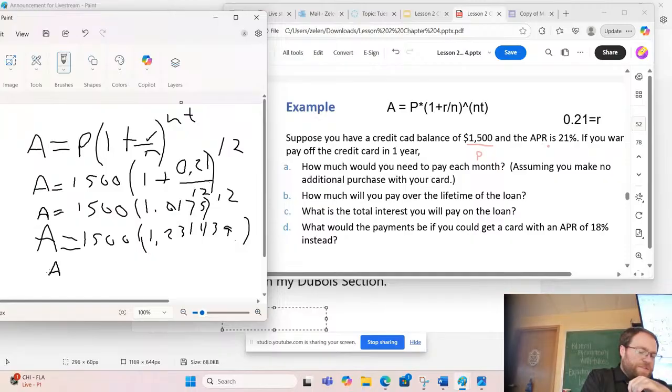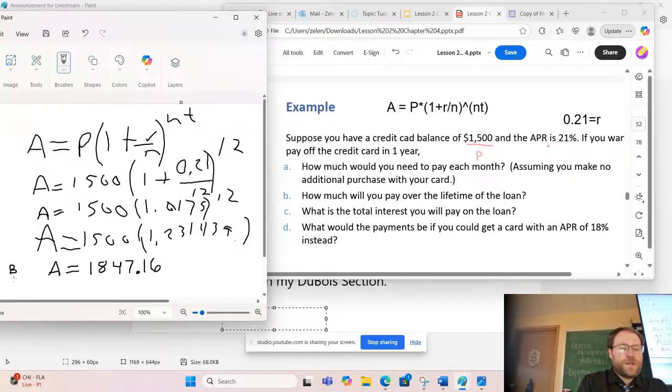Times the 1,500 gives you 1,847.16 rounded. So that right there is going to be the answer to part B.